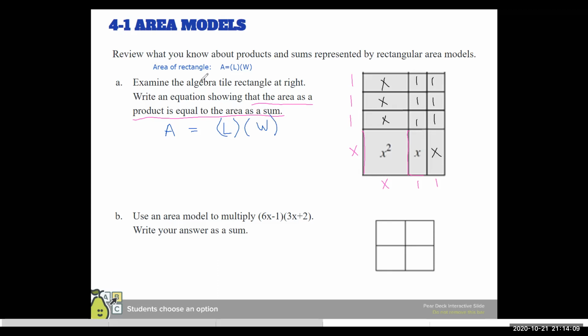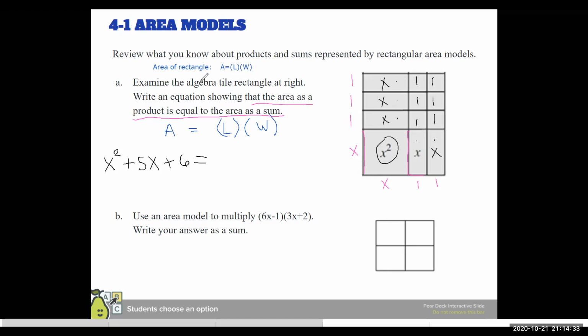So I have an x squared right here. I'll start with that. And then I have 1, 2, 3, 4, 5 x's, so plus 5x. And then I have 1, 2, 3, 4, 5, 6 ones, so that's plus 6.